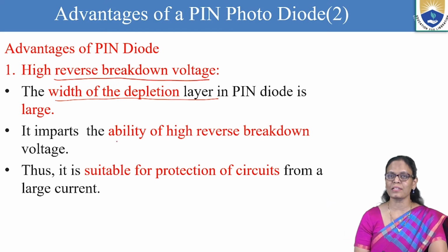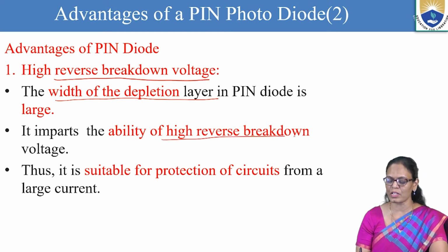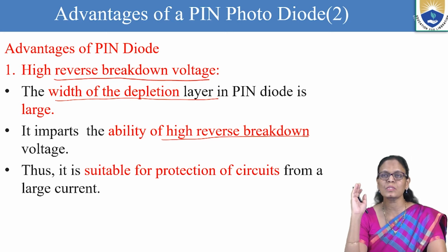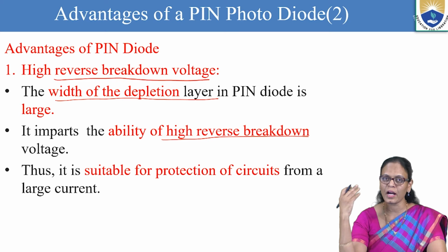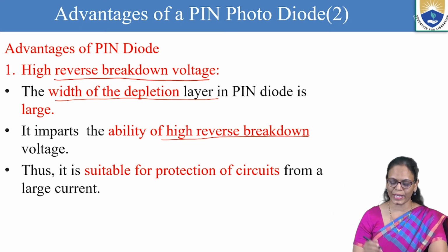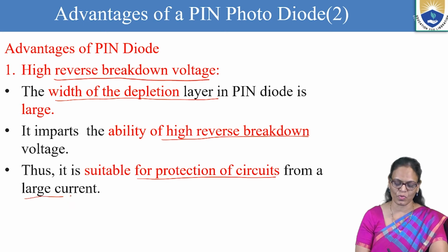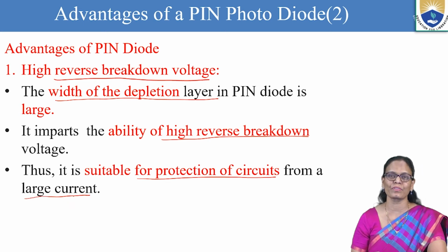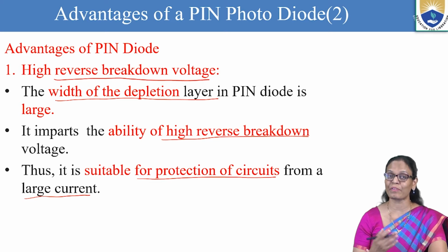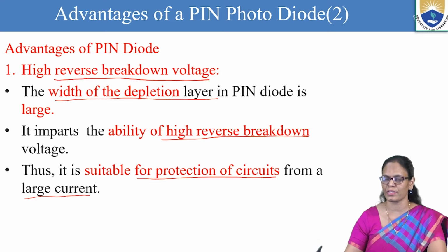So it imparts the ability of high reverse breakdown, meaning the breakdown will happen at a very high reverse voltage. So it is suitable for protection of circuits from large current. Whenever a large current is flowing through the circuit and you use a PIN diode, it will act as a variable resistor and protect the circuit from damage by withstanding high reverse voltages.